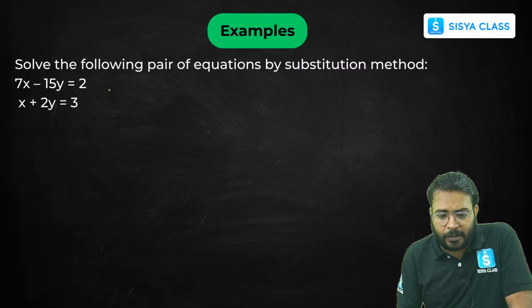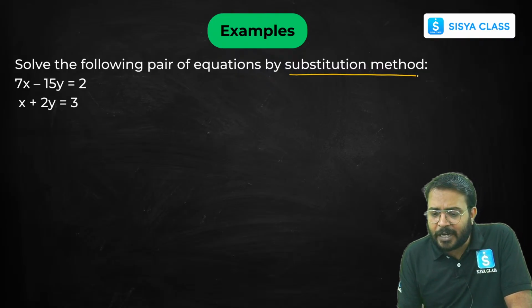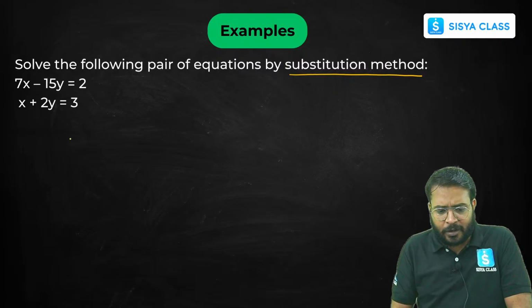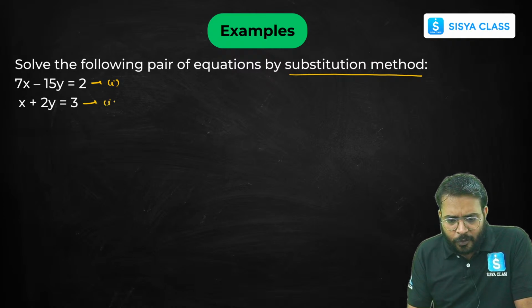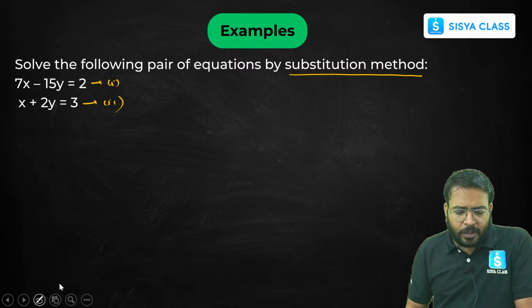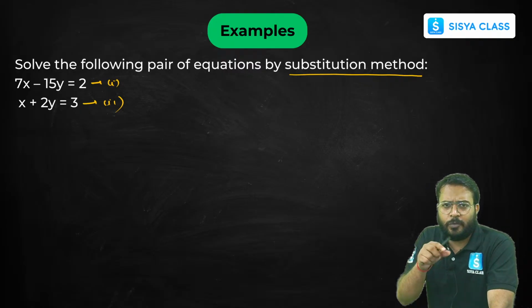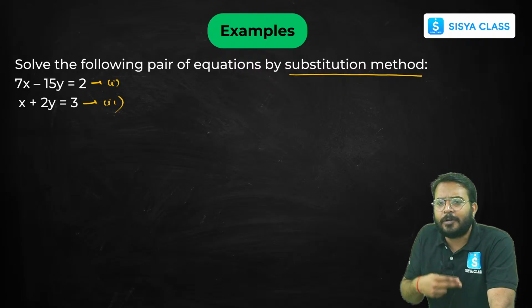Here, solve the pair of equations by the substitution method. They are mentioning that you need to solve by the substitution method, so we have to follow the substitution method. This is my equation 1 and this is my equation 2. As I told you, two equations will be given. You need to choose either equation 1 or equation 2 and find the value of one variable in terms of the second variable.